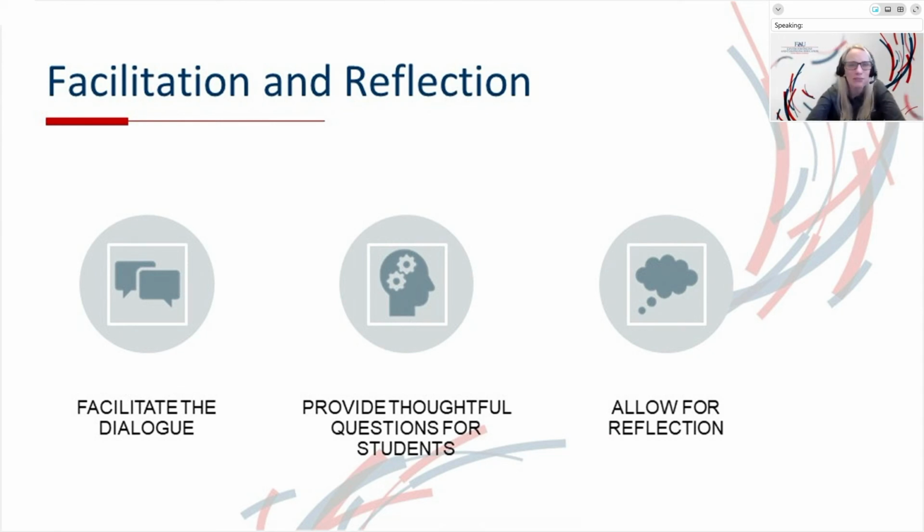And allow time for reflection. I think spacing out, giving them the information, having them go through this process of figuring out what they're going to do and how they're going to do it, giving them a couple weeks, I might say. If it's a short semester, obviously a couple days will have to do, but giving them that time to reflect. So once they're given that information, maybe not calling them out on the spot as soon as the case is revealed, but getting their initial thoughts, and then having them reflect on them over time, or at the end of the case.